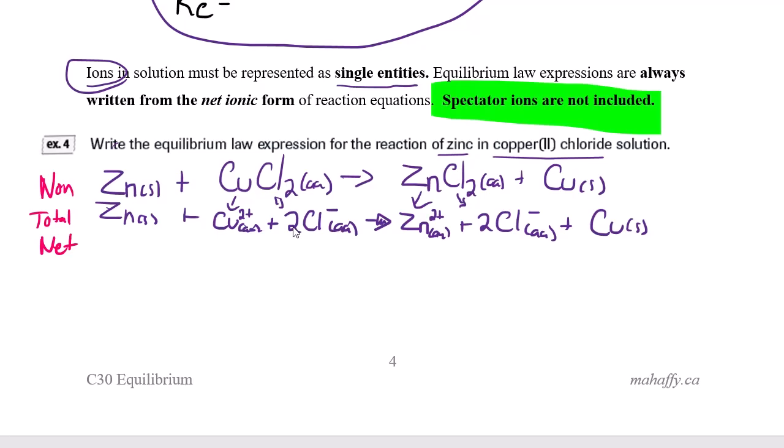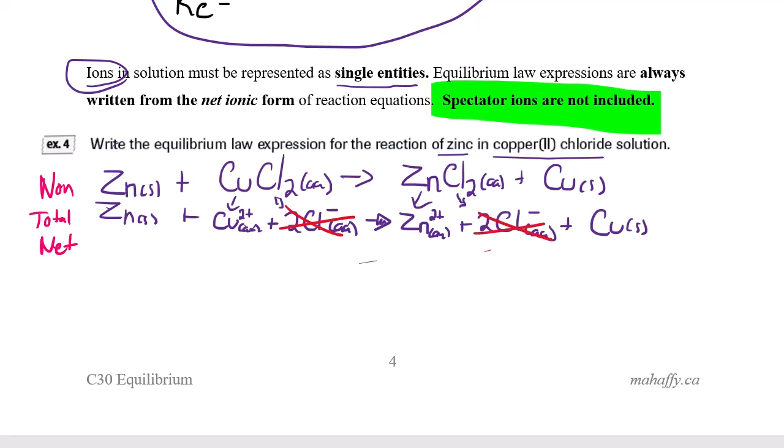So a spectator, remember, has the state of matter that stays the same and the charge stays the same. Both of those things must stay the same. So my zinc, its state of matter and its charge change, so it's not a spectator. Same thing with my copper, but my chloride, I had 2 aqueous ions, so this is a spectator, this is a spectator here. Those guys are gone.